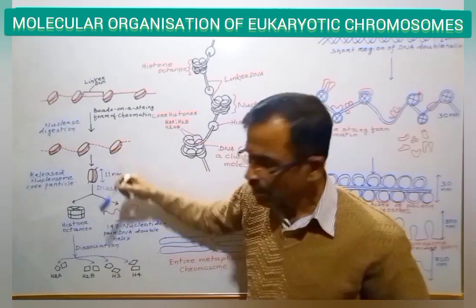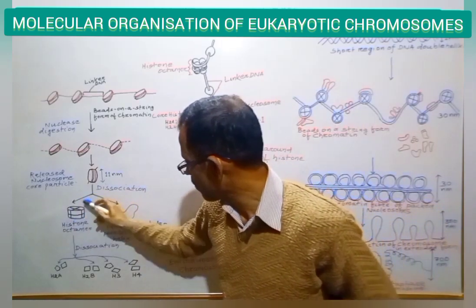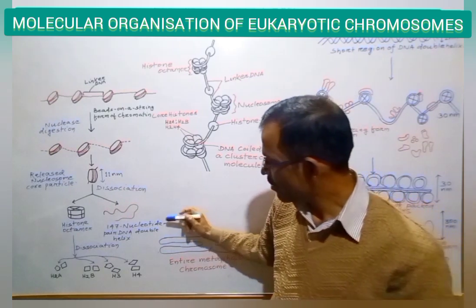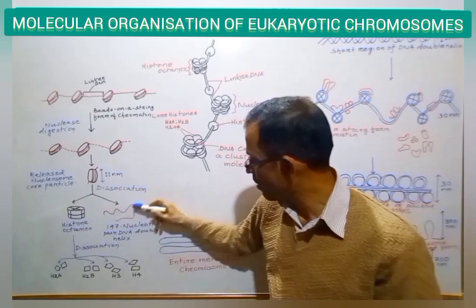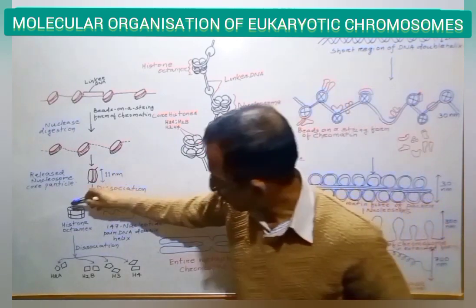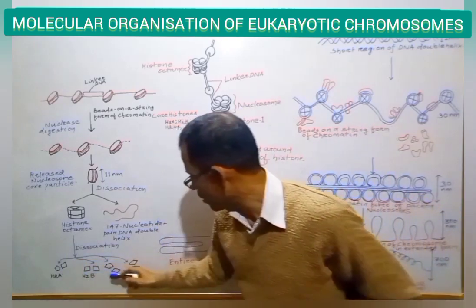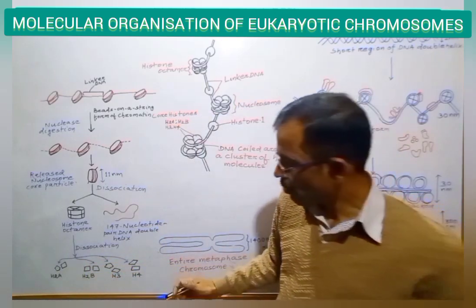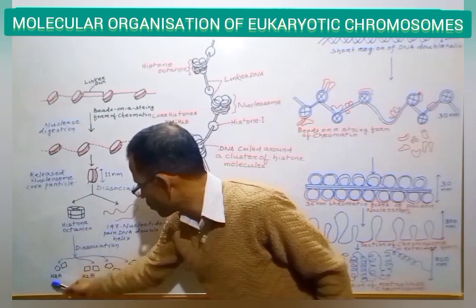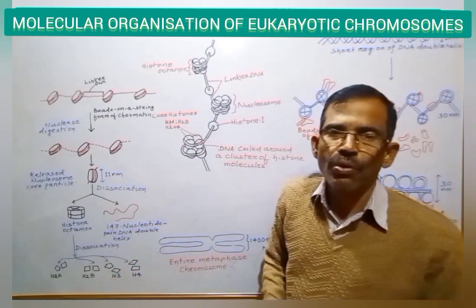The core particles can be dissociated into a histone octamer and a DNA double helix which is 147 nucleotide pairs long. The histone octamer can be further dissociated into individual constituents which include two molecules each of histones H2A, H2B, H3 and H4.